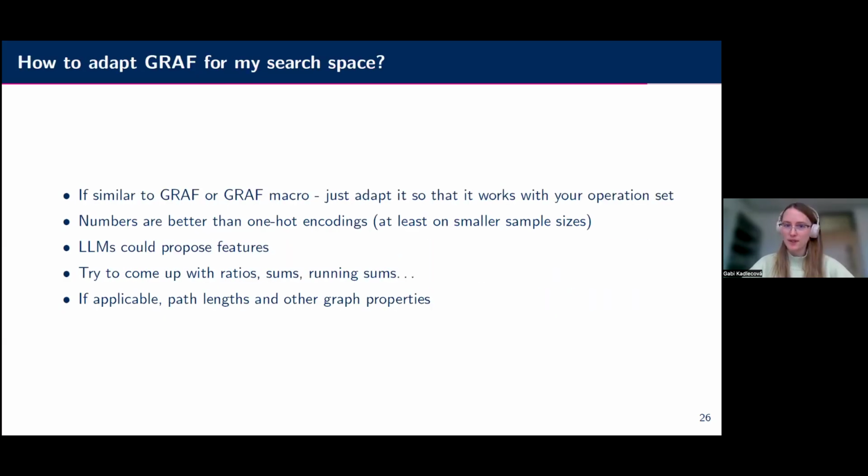So let's say you have a new search space and you want to adapt GRAF for it. If it's already similar to what we have, there's code that you can easily adapt to your search space, especially operation counts are quite easy. Numbers are better than one-hot encodings, just put them in there.